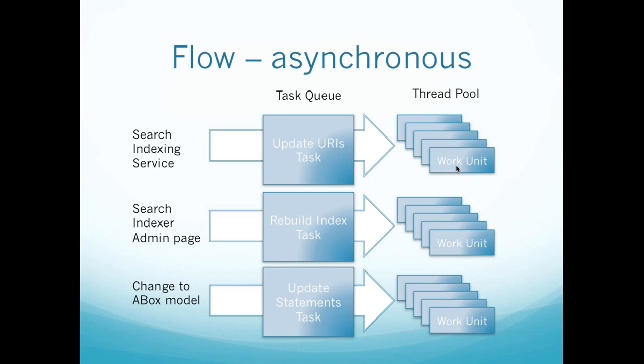One of them will get onto the task queue in front of the other one, and that will execute until it's done, and then the next one will go. I say asynchronous to say that the task does get queued, your browser will not wait for that to come back, or if you're using the API, you will get an immediate response saying that's been queued, not that it's been completed.